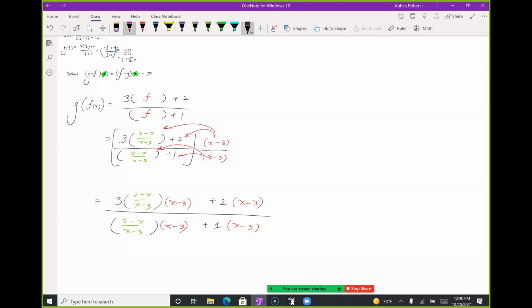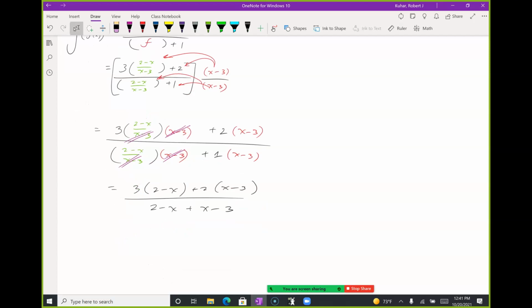All right, I can see things that cancel. The x minus 3's will cancel here and here. That's nice. And now I'm rewriting. I'm not trying to do anything while I rewrite. I got 3 times 2 minus x plus 2 times x minus 3 all over 2 minus x plus x minus 3. Multiplying by 1, that one I think I can handle.